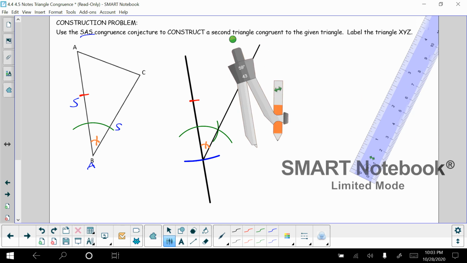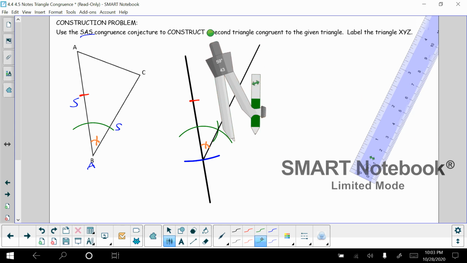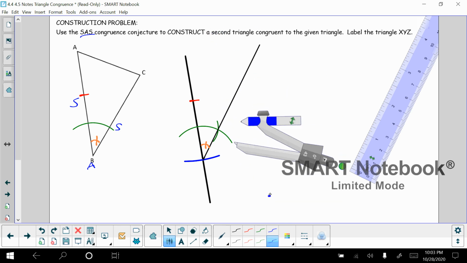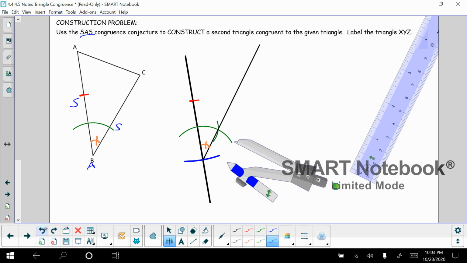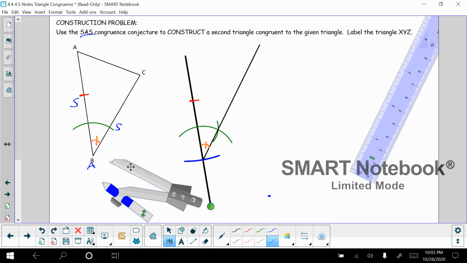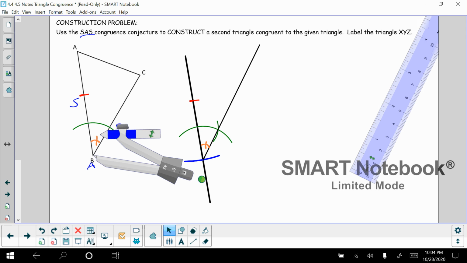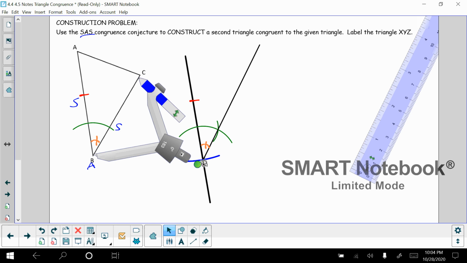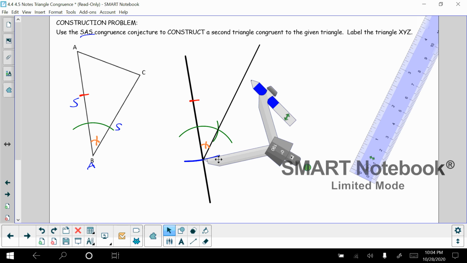So I already have that side drawn. So now I'm going to go measure how long that side is. Place it on B. Get the width of that. Place it over here and make one last arc right there.